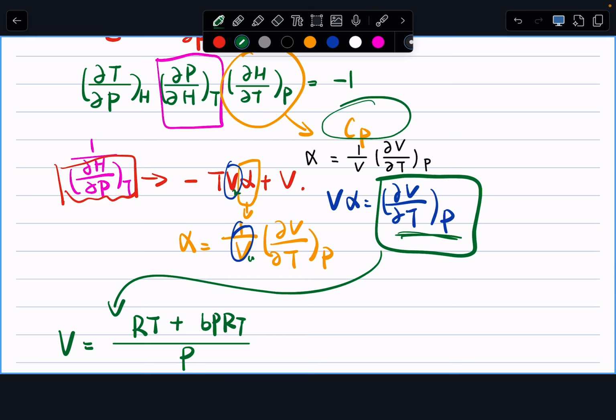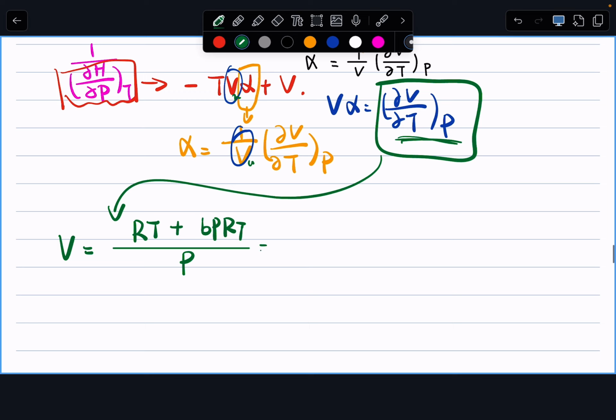The partial derivative of H over T at constant P equals Cp. So I'll just leave it there for now and see if we come back and use it. Okay, so this one, let's redo that. My volume then equals R plus BPR divided by P.